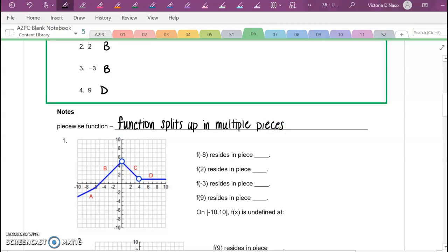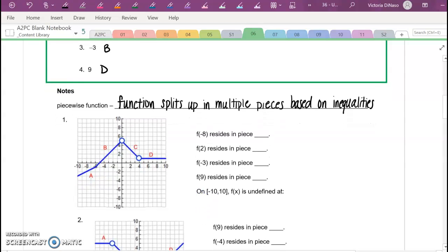So it fits into multiple pieces, but it's all based on these inequalities. And you can replace the word inequalities with intervals if you prefer. So it splits up into different inequalities or intervals.